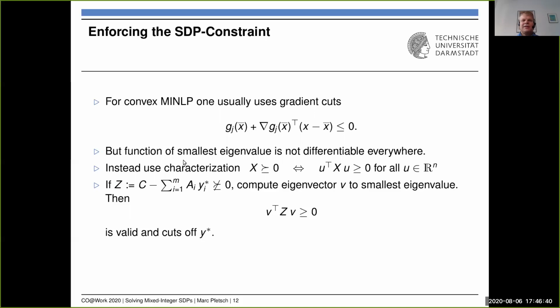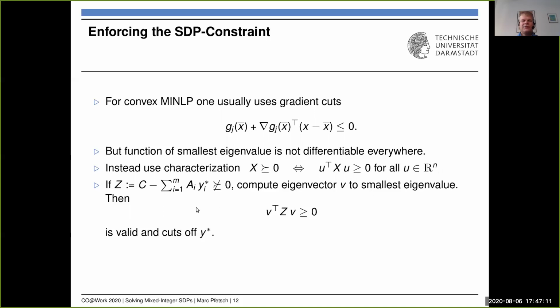But in our case, this SDP constraint says the smallest eigenvalue is non-negative, so this means positive semidefinite. But unfortunately, this function, which assigns to a matrix its smallest eigenvalue, is not differentiable everywhere. Instead, what we use is the characterization: X is positive semidefinite if and only if u transpose times X times u is greater or equal to 0 for all u.